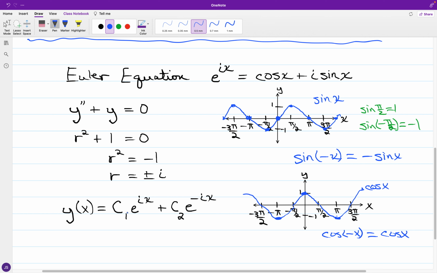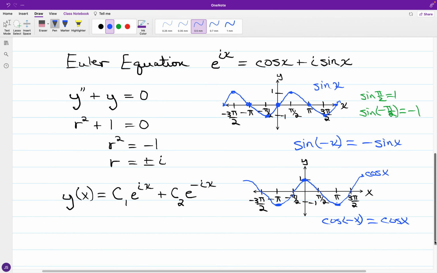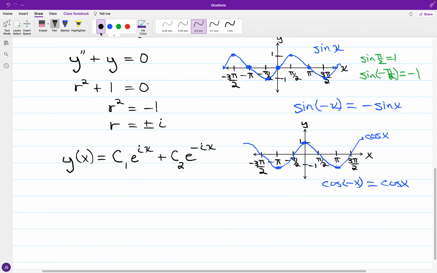So going back to e to the ix and e to the negative ix, again, we have e to the ix is equal to the cosine of x plus i sine of x.